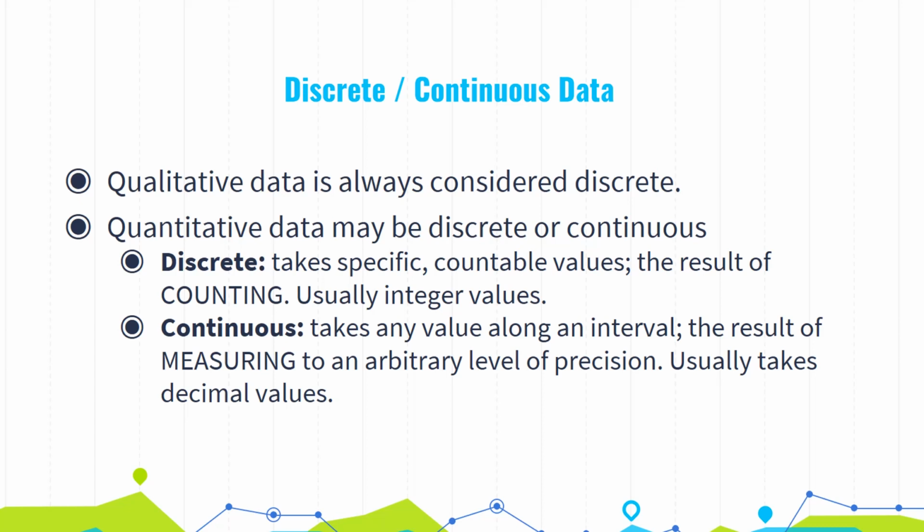So what does discrete mean? Discrete means it takes specific countable values, and it's the result of a counting procedure. Like if we're looking at how many siblings a person has, that is discrete because they can have 0, 1, 2, 3. Nobody's going to have 1.75327 siblings.